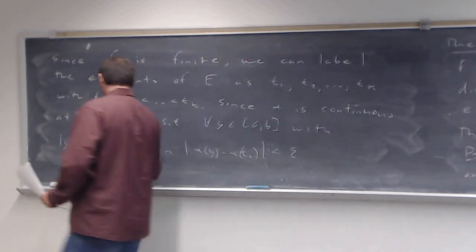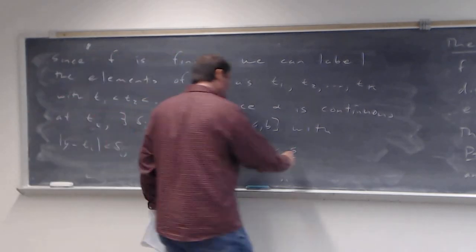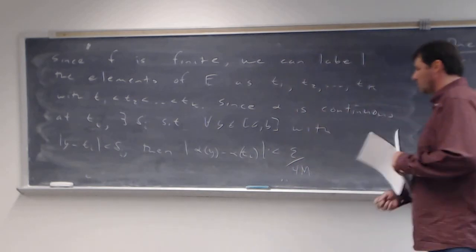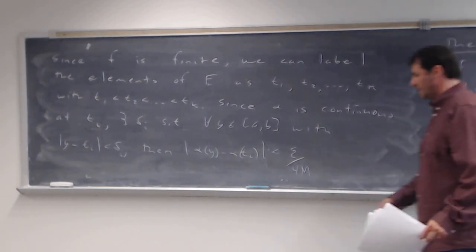And so this delta was delta sub i there. Okay, and it's true it's less than epsilon, but what I really want it to be less than is epsilon over 4 times M.